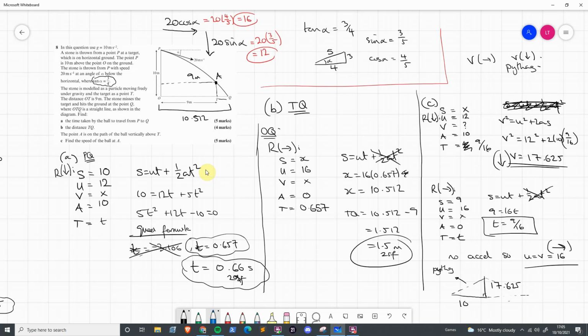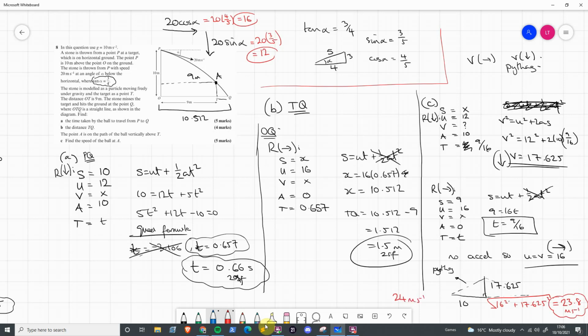Pythagoras, so I'll just finish it off down here in red. 16 squared plus 17.625 squared, all square rooted. That is going to get you 23.8 meters per second. We could possibly call it 24 to 2 significant figures.